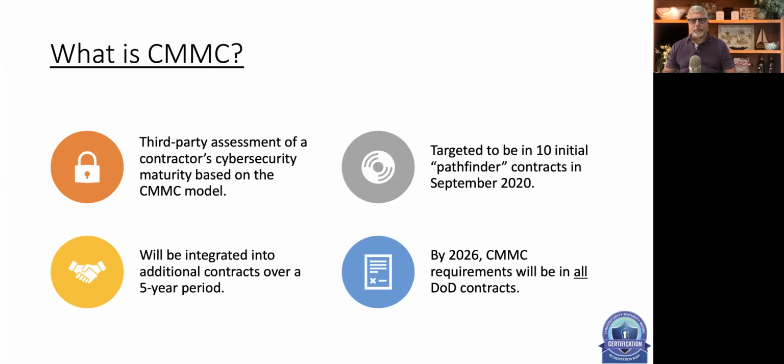And this is probably the biggest and fastest rollout of a program of its kind in the history of our nation or any nation. ISO 9001, ISO 27001 took years and years, if not decades, to roll out to the kind of numbers that we're predicting for CMMC.